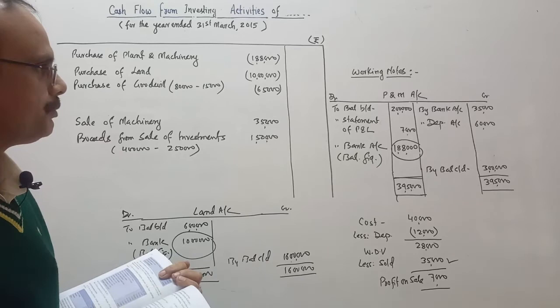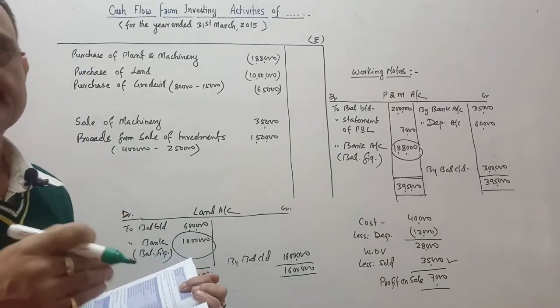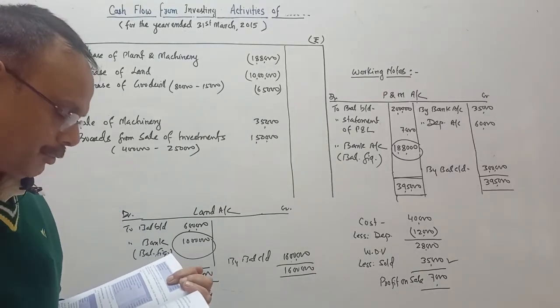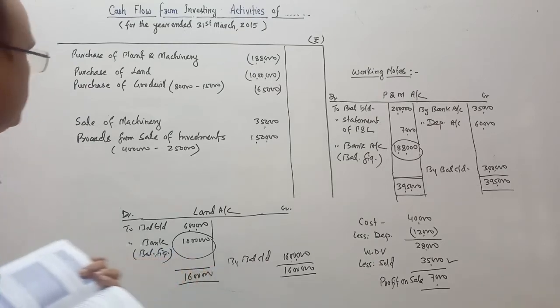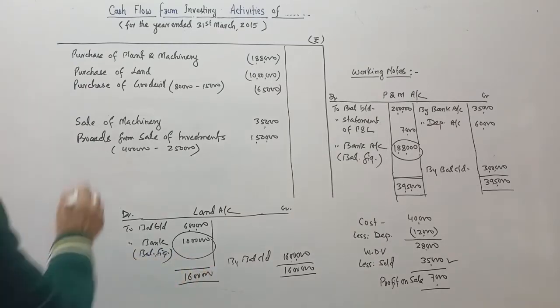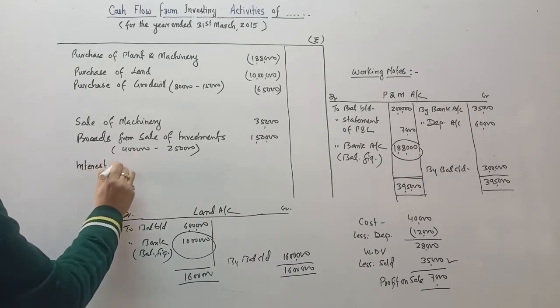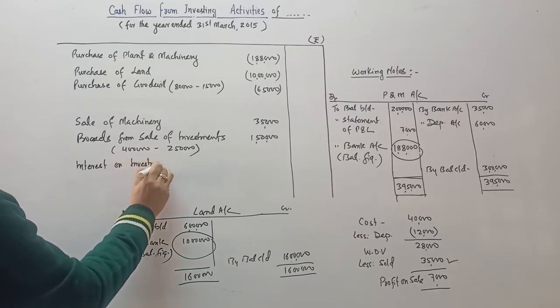If we assume that the sale of long-term investment is done at the end of the financial year, then the interest will be calculated on 4 lakhs. Interest on investment is your inflow, coming under the investing activities.